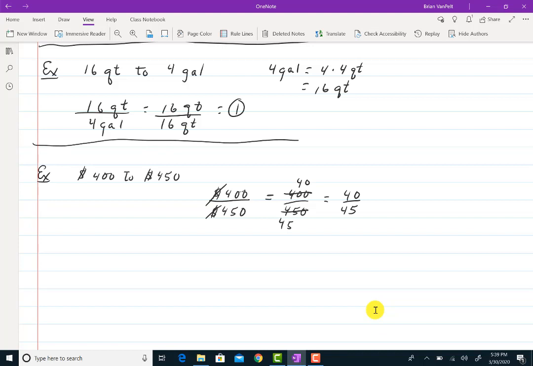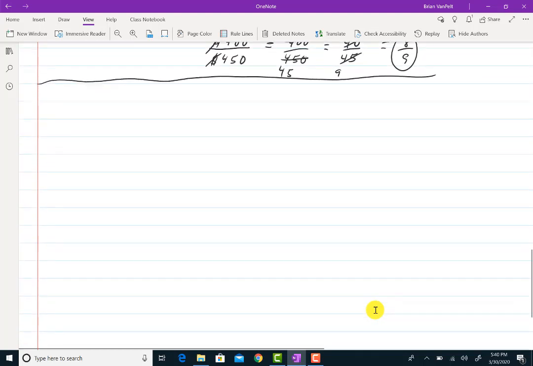Now I see that 5 goes into the numerator 8 times, and 5 goes into the denominator 9 times, and we end up with just 8 over 9. And so this gives you an idea of how to work these ratios. We're going to take it a step further with the next section, and that is rates.